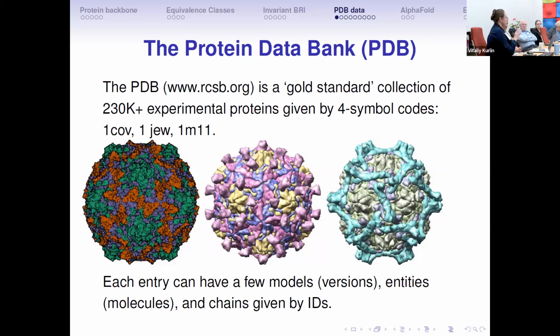So the 3 structures in front of you, what do you think? Are they the same, different, similar, not similar? Just your impression. Look very different. Oh, they're kind of spherical. Can't tell, right?